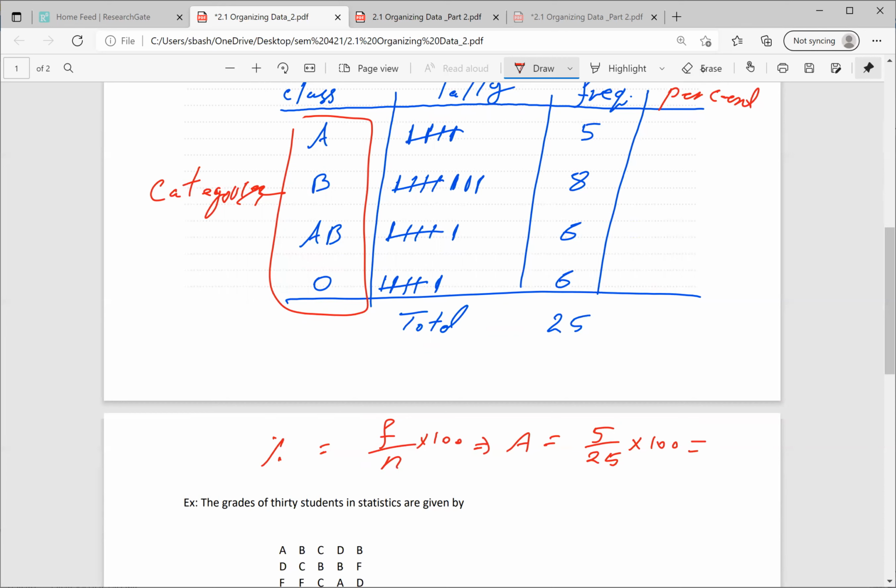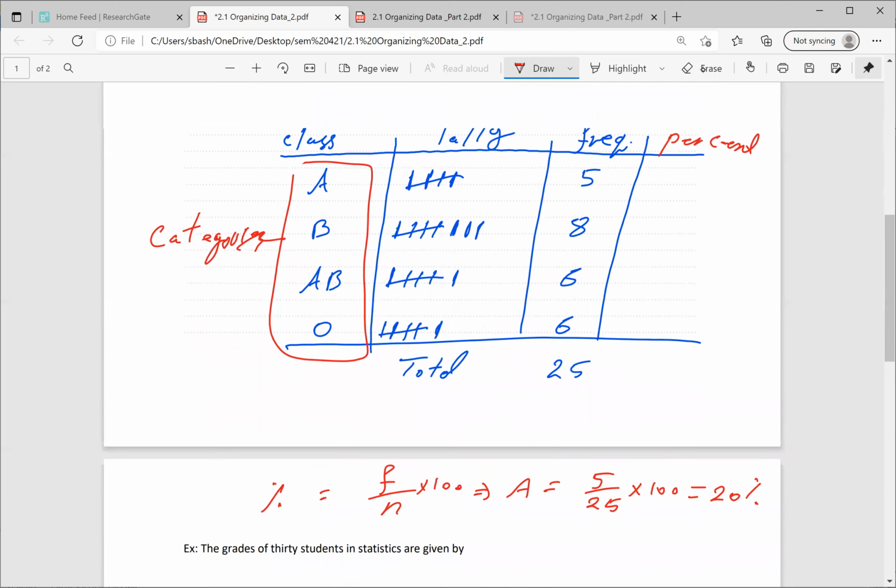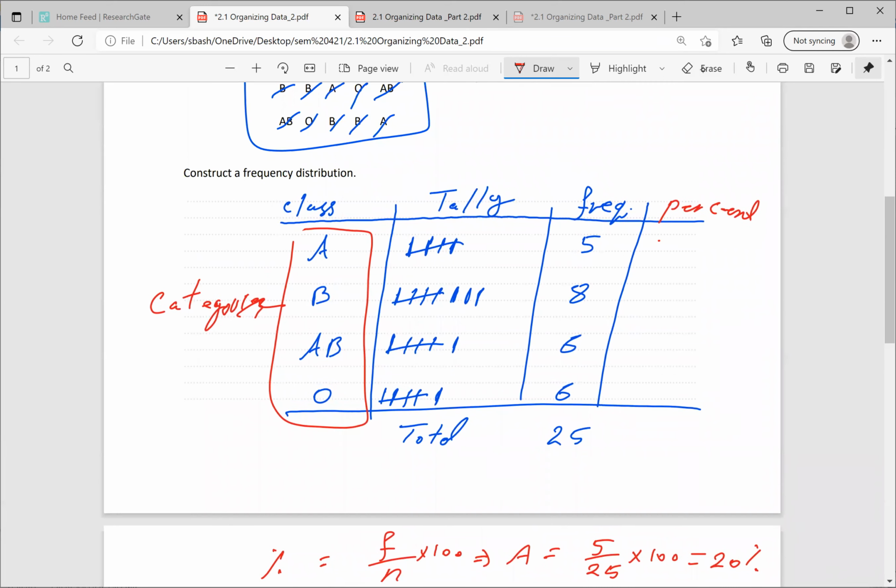That is 1 over 5 multiplied by 100, that will be 20%. So for A, the percent is 20.